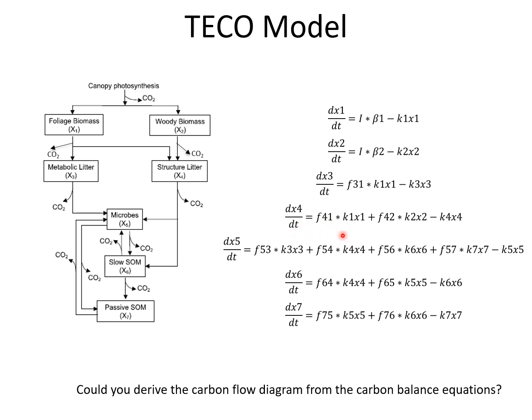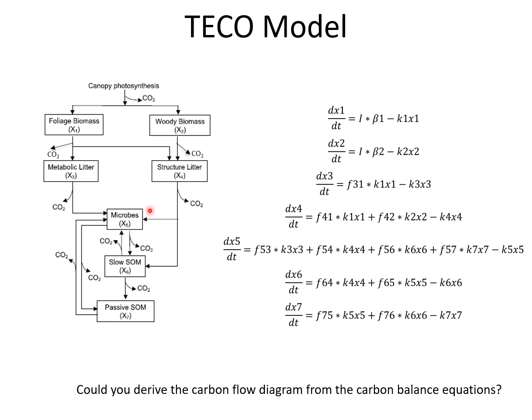So for the carbon balance equation of X4, there are 2 terms of the input flux. For the input from X1 to X4, the total outgoing from X1 is K1 multiplied by X1. A fraction of the total outgoing is transferred into the structural litter X4.